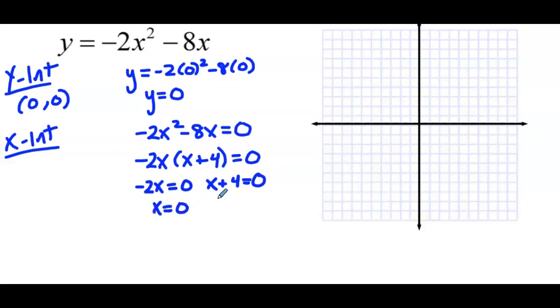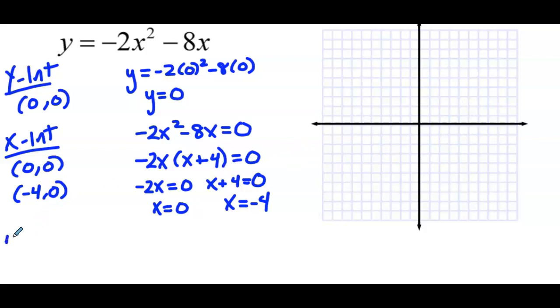So either x equals 0 or x equals negative 4. So our x-intercepts are 0, 0, negative 4, 0. Notice one of the x-intercepts is also the y-intercept. So that means we're not going to have as many points when we plot, and we'll deal with that when we get to our graph.